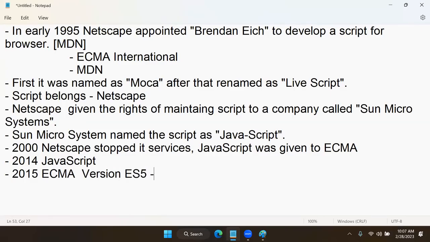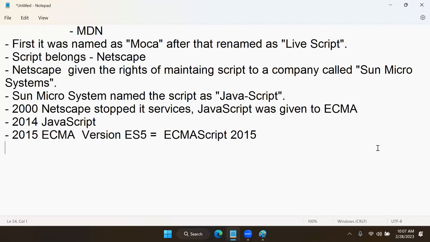And actually that version name is ECMAScript 2015. From this version, JavaScript started with several new features, which many developers who already know JavaScript don't know. That means ECMA started adding new features into JavaScript, drastically changing it from 2015 onwards.